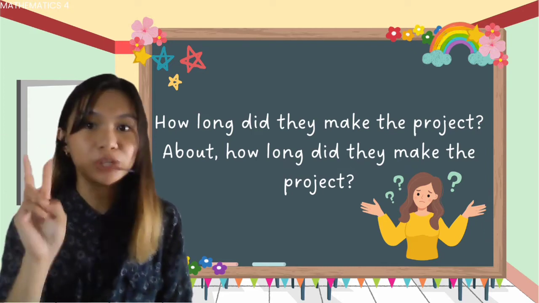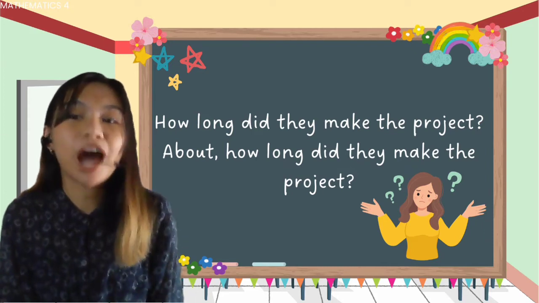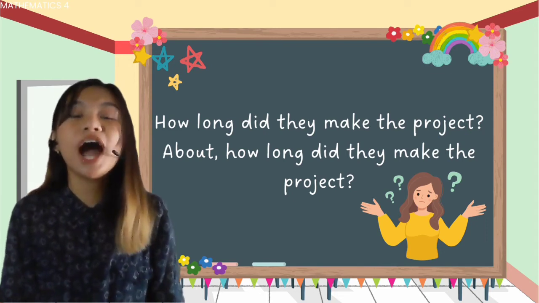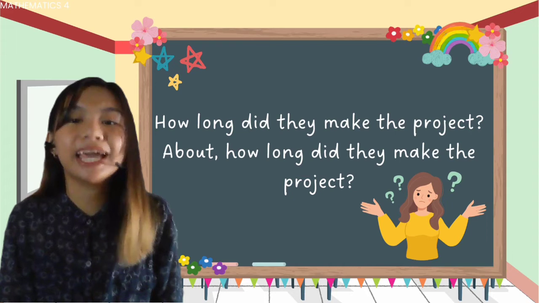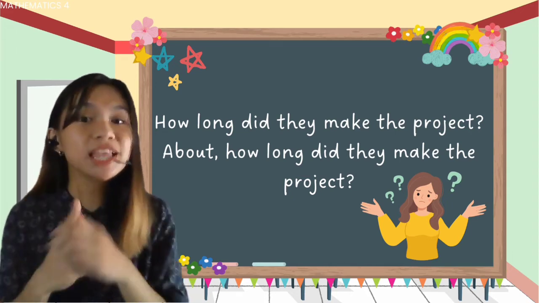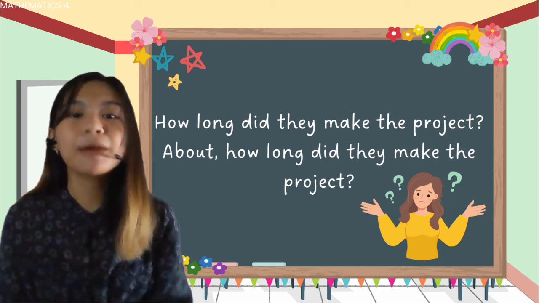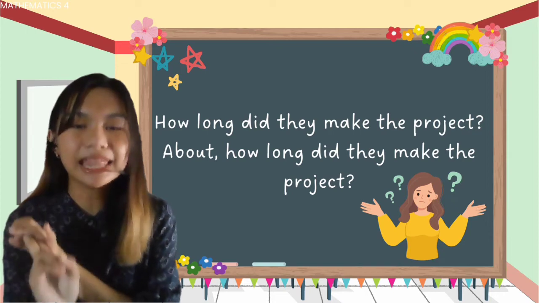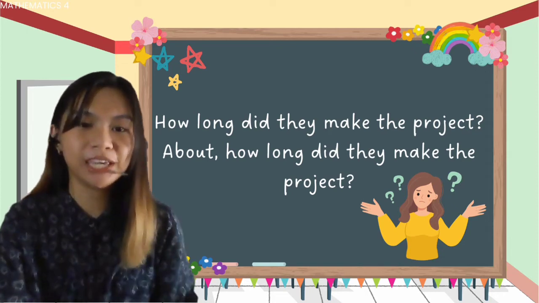And on the second question, which is about how long did they make the project, ang hinahanap naman natin dito ay ang estimated elapsed time. So ulit nga, ang hinahanap natin sa unang question ay ang exact elapsed time at sa second question naman ay ang estimated elapsed time. Okay.